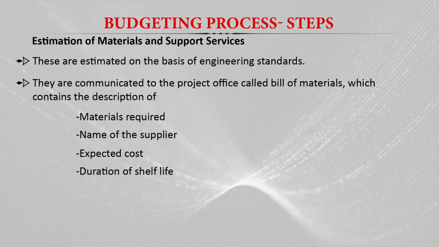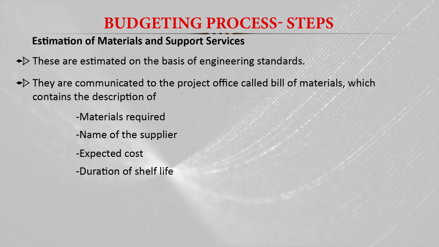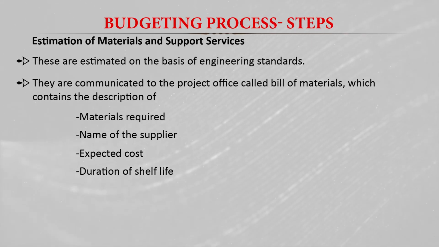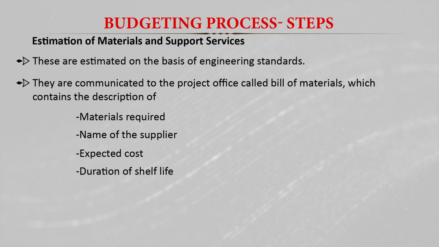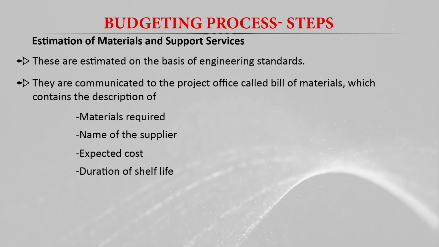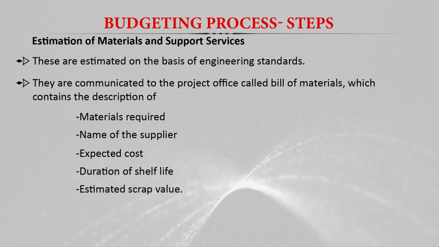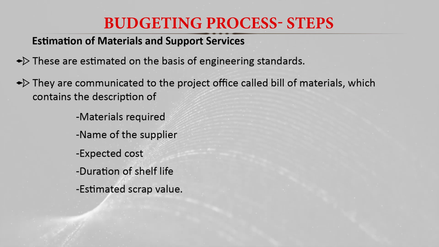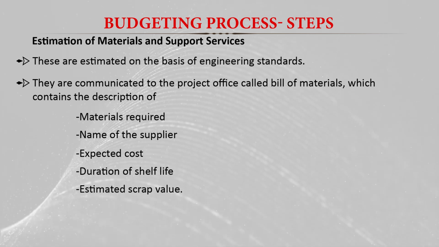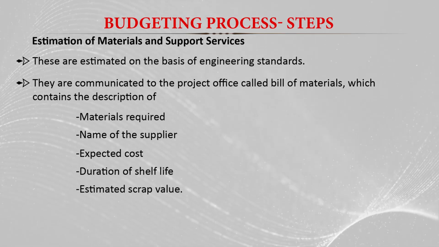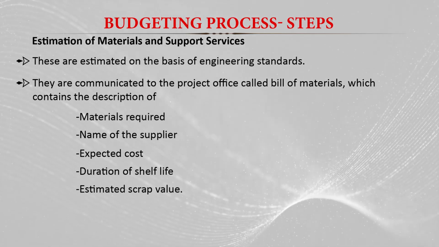The duration of shelf life also has to be mentioned, which is particularly important in agriculture, because the shelf life of agricultural inputs as well as outputs is very limited. We also have to mention the estimated scrap value after the shelf life is over, or the life of that particular equipment, machinery or material is over. What is the value? So we have to mention the estimated scrap value.